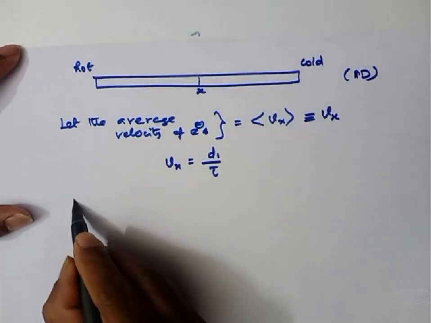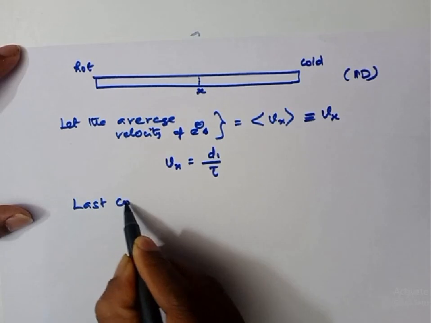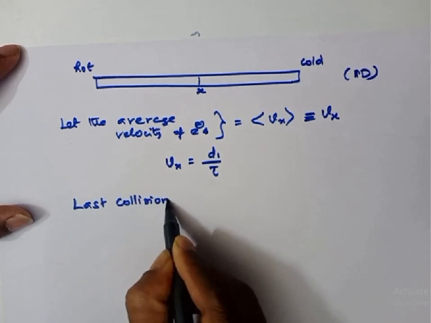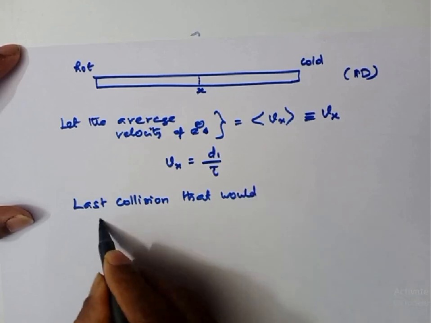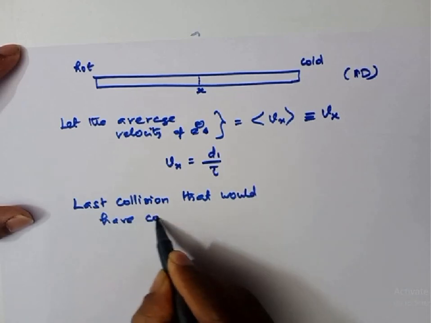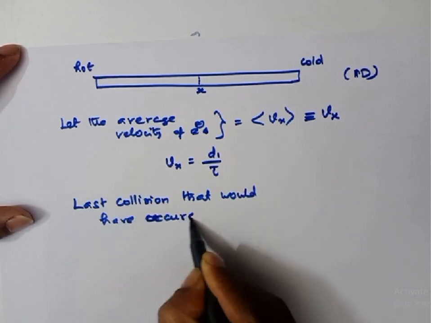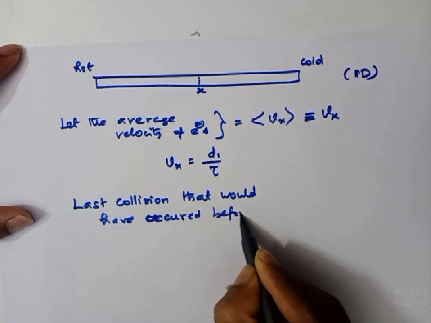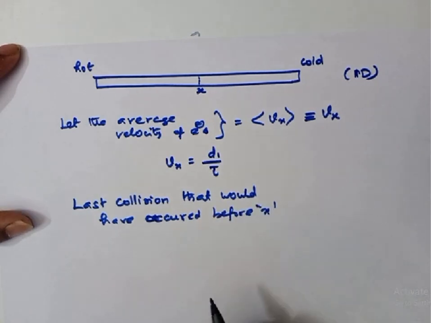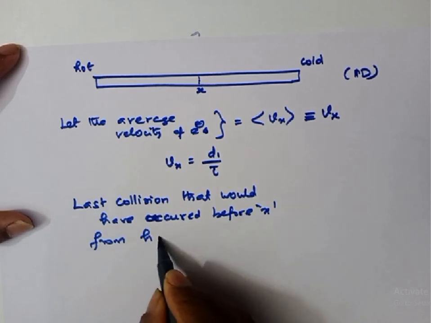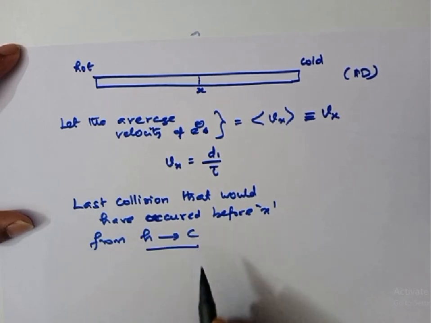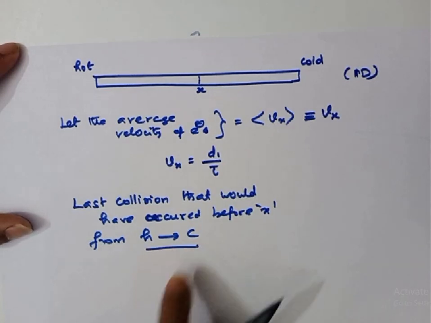So the last collision that would have occurred before X, from hot end to cold end. I'll just put it like this, HC, hot to cold.